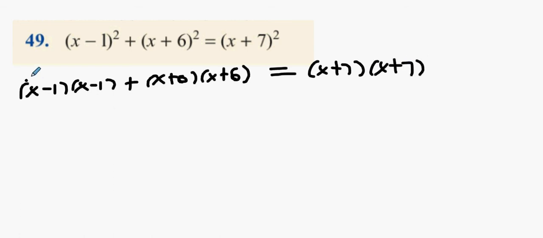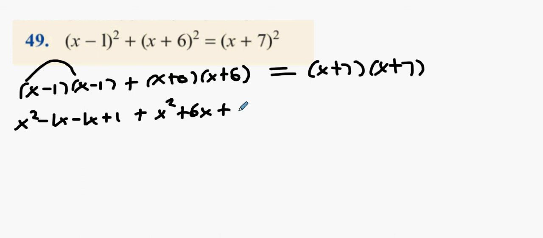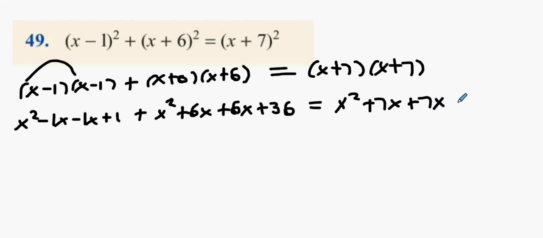This is x squared minus 1x plus x squared plus 6x plus 36. This one is x squared plus 7x plus 7x plus 49.